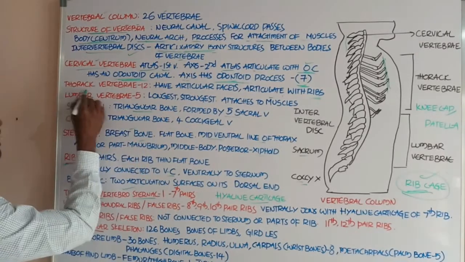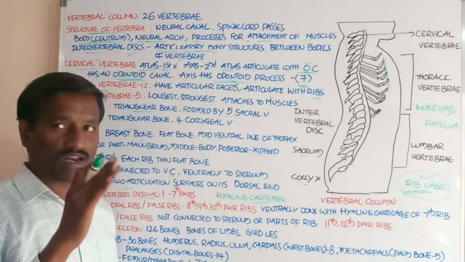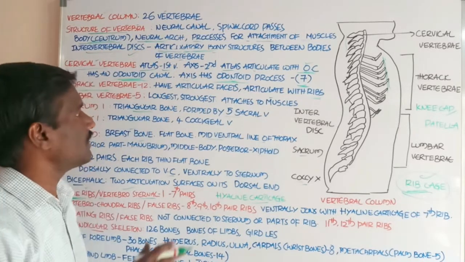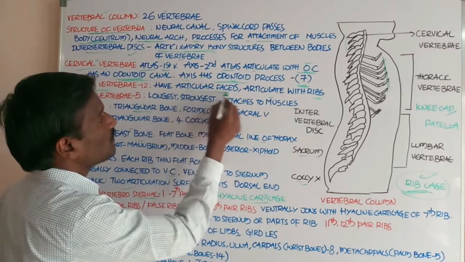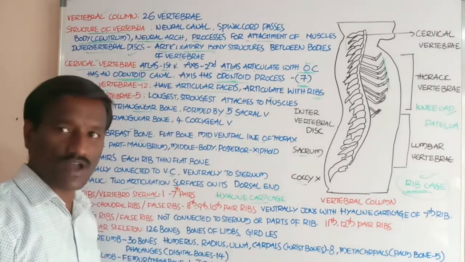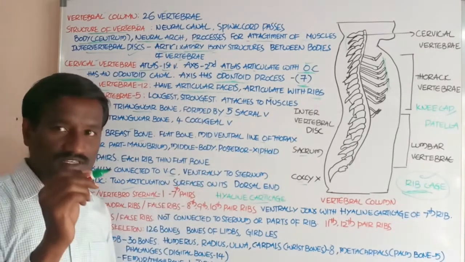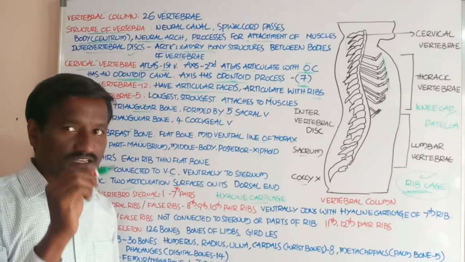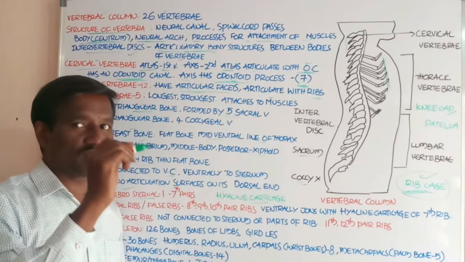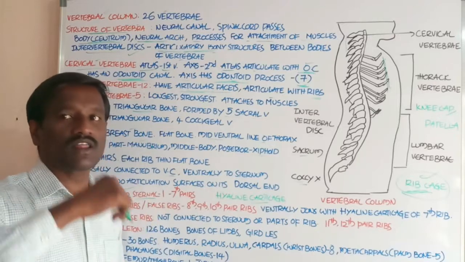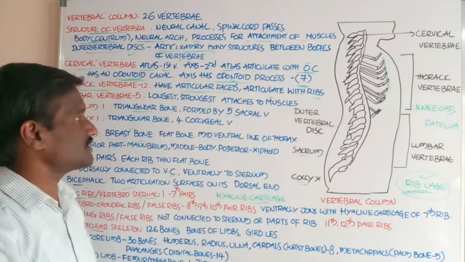Next, the thoracic vertebrae. Thoracic vertebrae are 12 in number. The thoracic vertebrae have articular facets. Articular facets are spaces on the bony structures that provide space for the attachment of other muscles or bony structures.